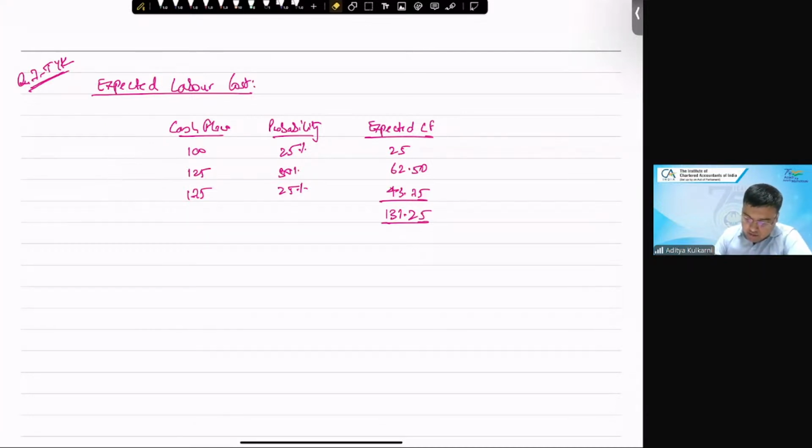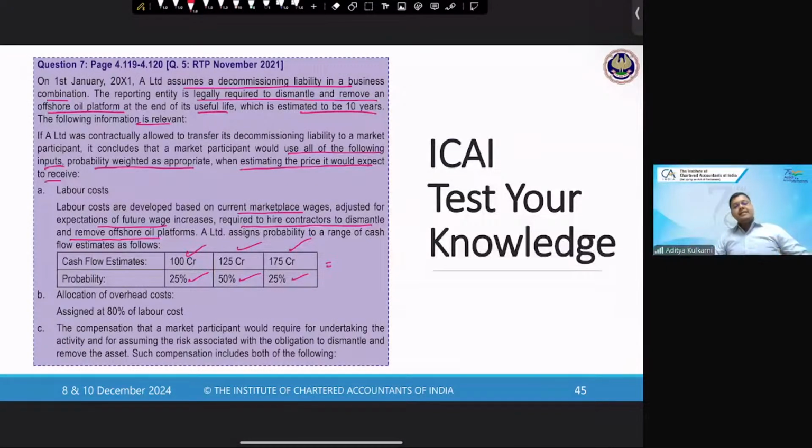This is case 1, 2, 3. Cases 1, 2, and 3. This comes to 100%. So my labor at the end of the tenure, when I have to dismantle, comes to 131.25. Any doubts here? Anyone?